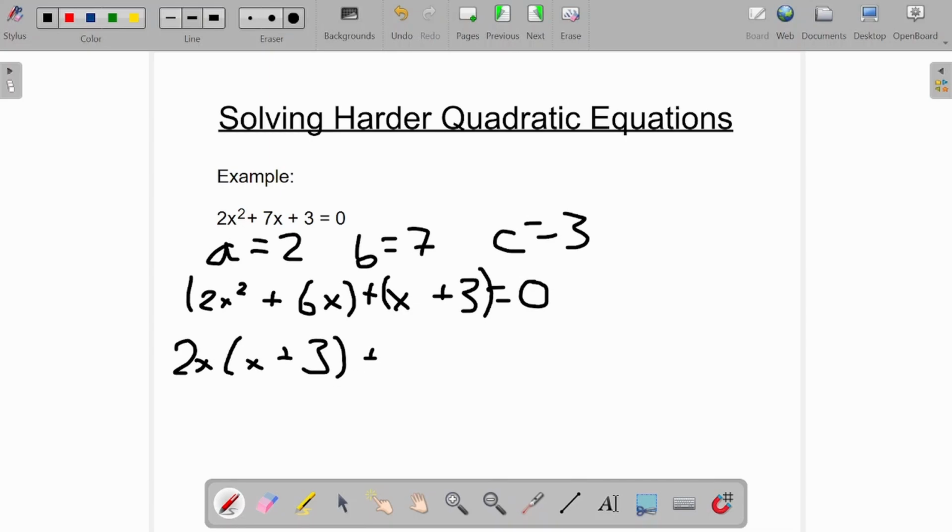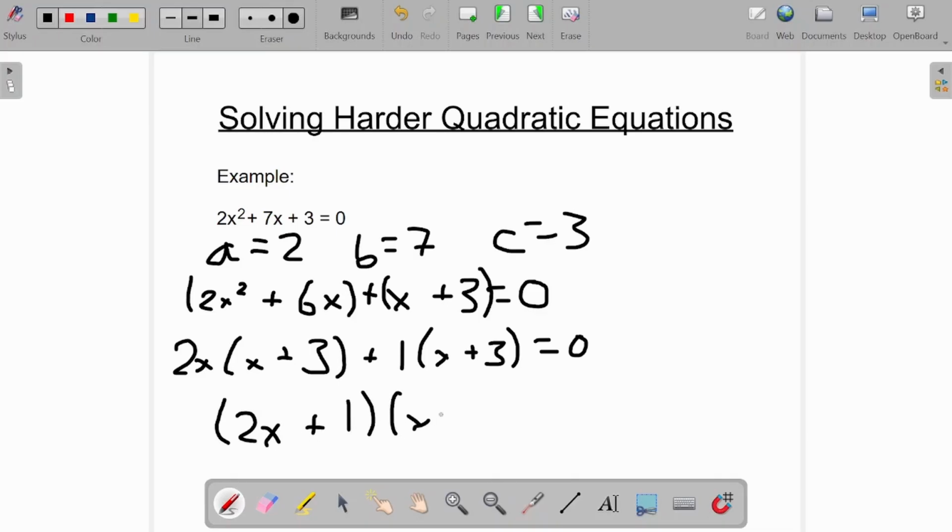And this one simply is 1x plus 3. Make sure to write that 1 down because that 1 is important. Now you want to factor out the common bracket. So this becomes 2x plus 1 and x plus 3.